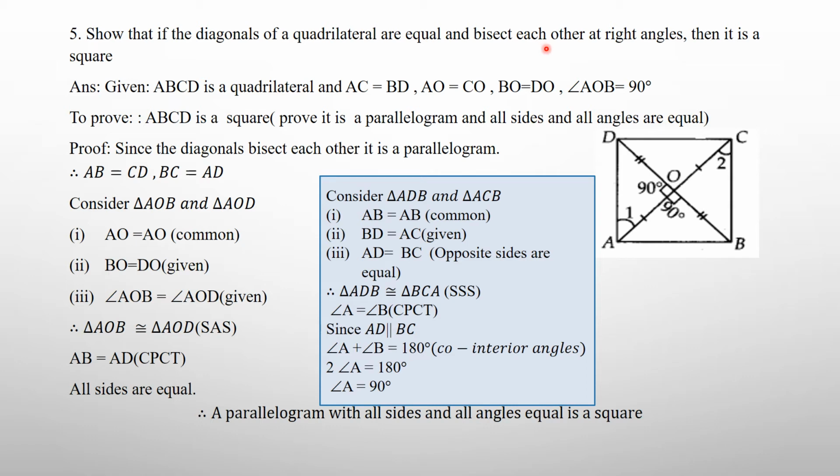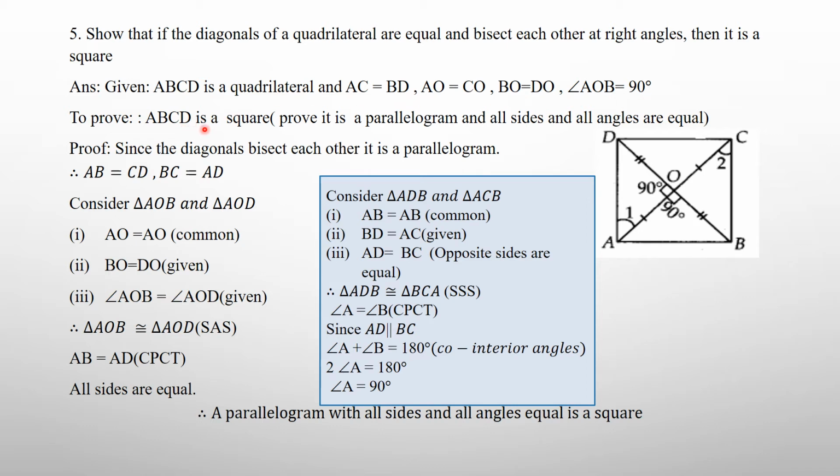Diagonals bisect each other means AO is equal to CO and BO is equal to DO, and they bisect each other at right angles means angle AOB equal to angle BOC equal to angle COD equal to angle AOD is 90 degree. We need to prove this quadrilateral will be a square if we have all these following conditions.